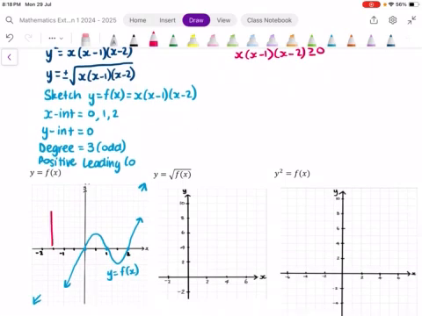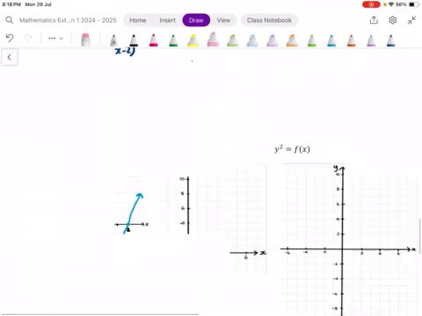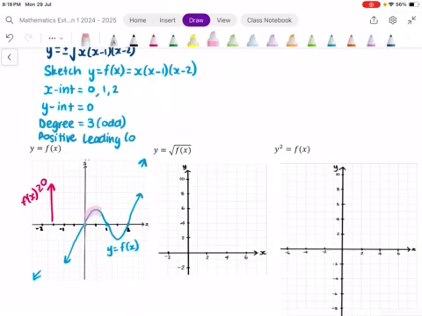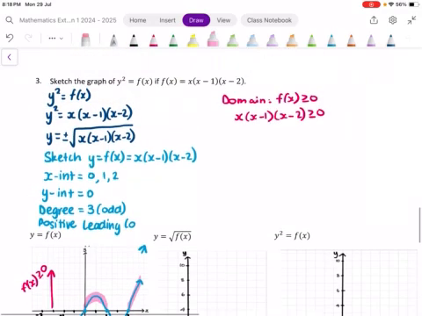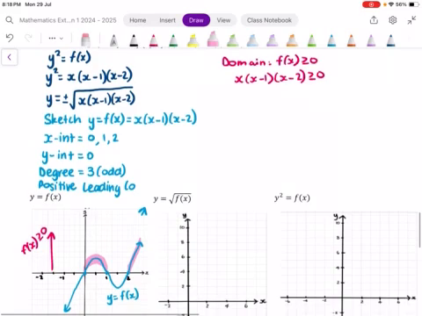So we are looking at, on our original function, where is f(x) greater than or equal to 0. It is greater than or equal to 0 between 0 and 1 and from 2 to infinity. So that means our domain is between 0 and 1, and x is greater than or equal to 2.